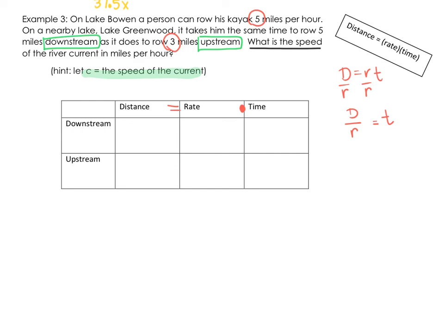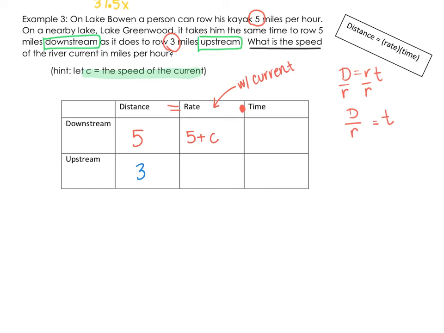Alright, so now let's fill in my table. Going downstream, my distance is 5. Now the rate, since I'm going downstream, I'm going with the current, so my rate will be 5 plus whatever the speed of the current is, which is what we let C equal. Now going upstream, my distance is 3, because it said I was going 3 miles upstream.